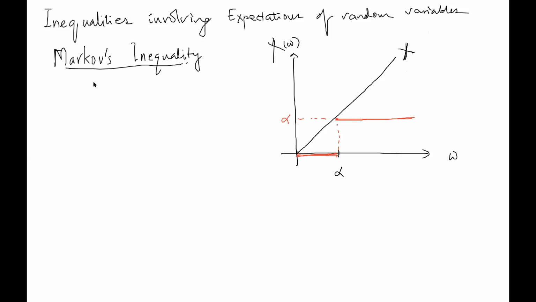Now I know that the expectation of x is greater than or equal to the following: the expectation of x times the indicator function of x greater than or equal to alpha.